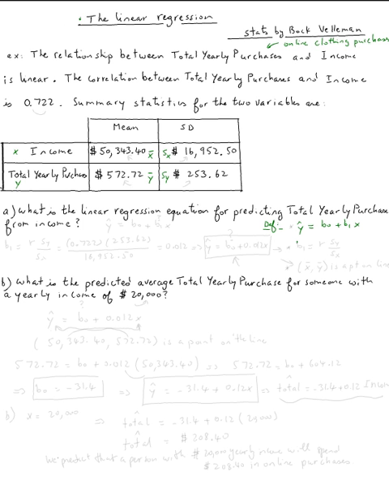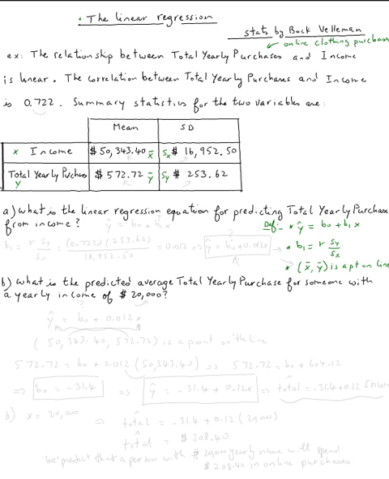Now how do we find b1? b1 is always the correlation times the standard deviation of y over the standard deviation of x. We also know that the mean of x and the mean of y is a point on the regression line, always.